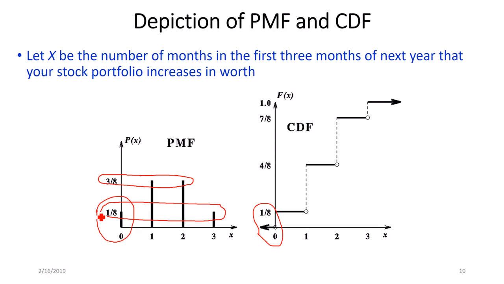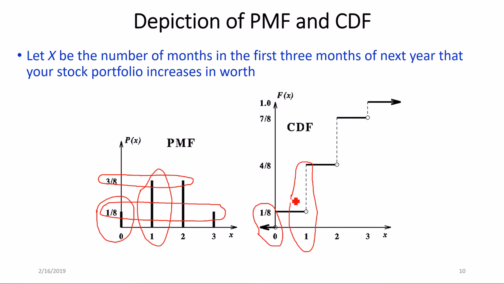Now in month 1, we add up the probability of month 0 and month 1. So they are 1/8 and 3/8, and the sum is 4/8. Keep proceeding this way. For month 2, we have 7/8, and for month 3, we have 1.